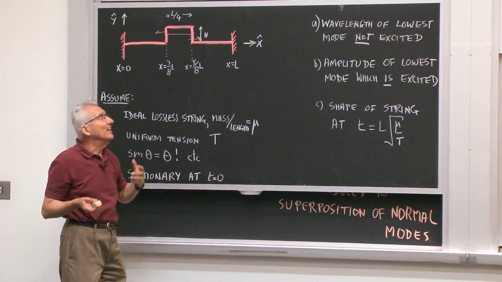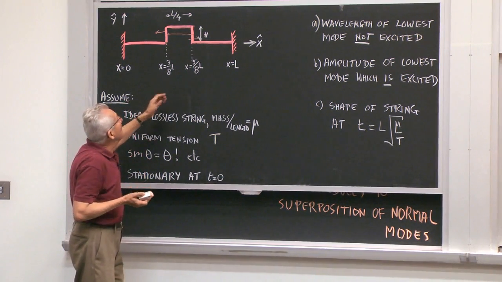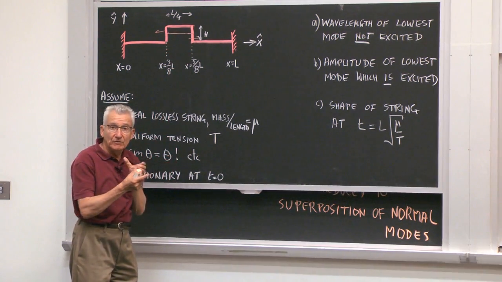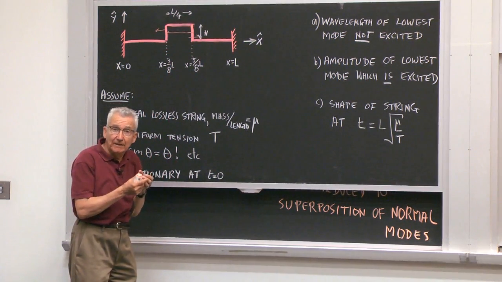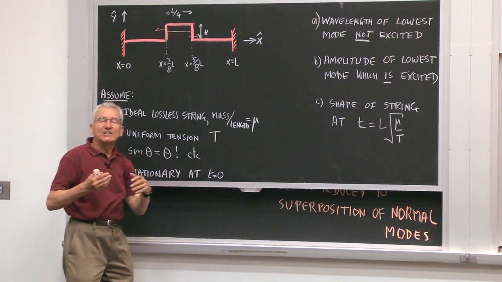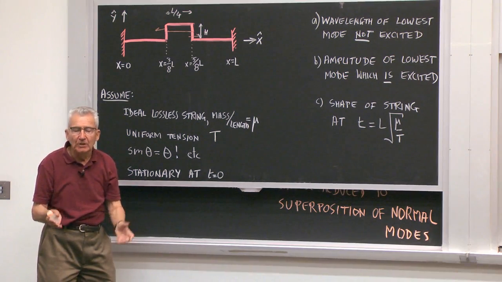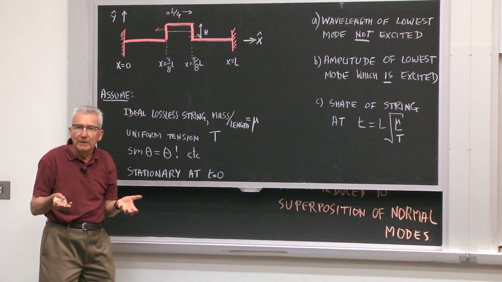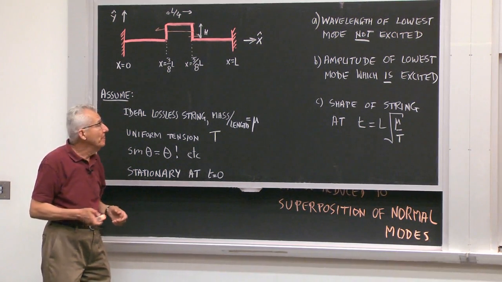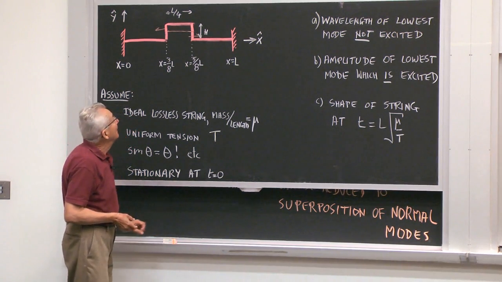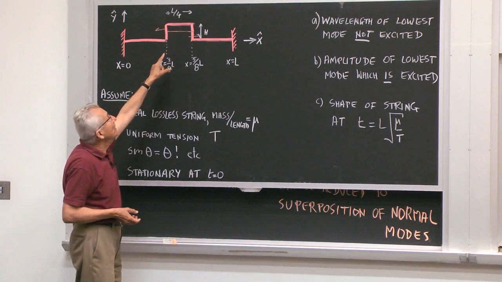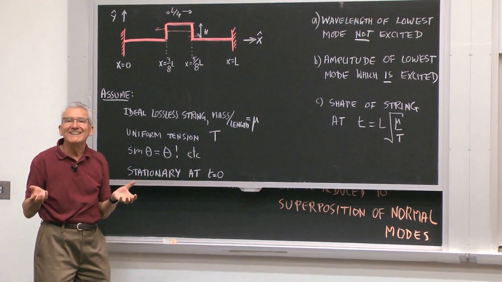Therefore, if I solve the problem for each one of these progressive waves and add them, I will get the answer to this. It will satisfy all the boundary conditions. By the uniqueness theorem, it will be the correct description of what happens. And then, with that, I can predict the shape at any time.